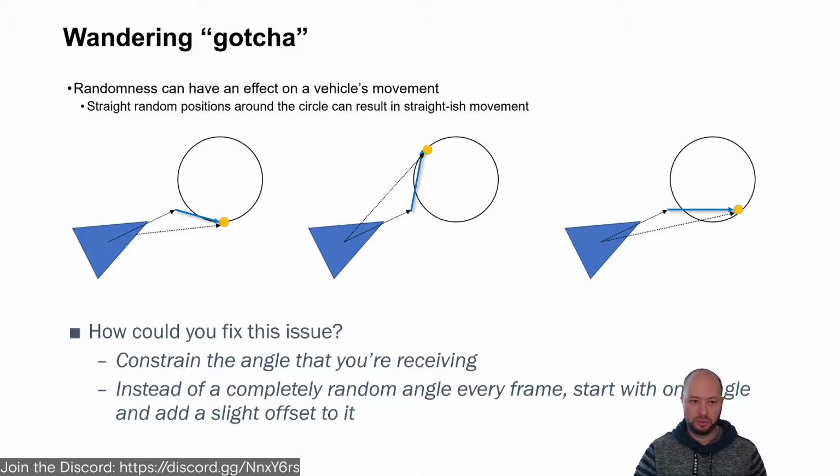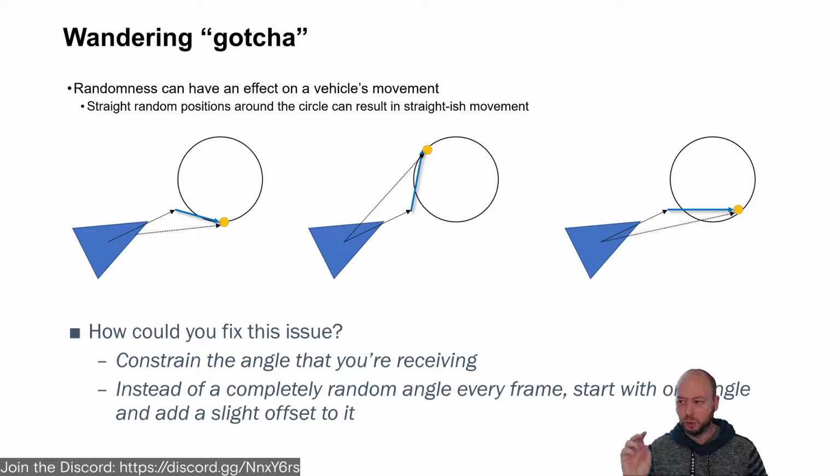One of the things we have to think about here is that the randomness has a pretty big effect on the movement of the vehicle. If we randomize it too aggressively, we will end up with a relatively straight path, but with a bit of wiggle and a bit of abruptness.